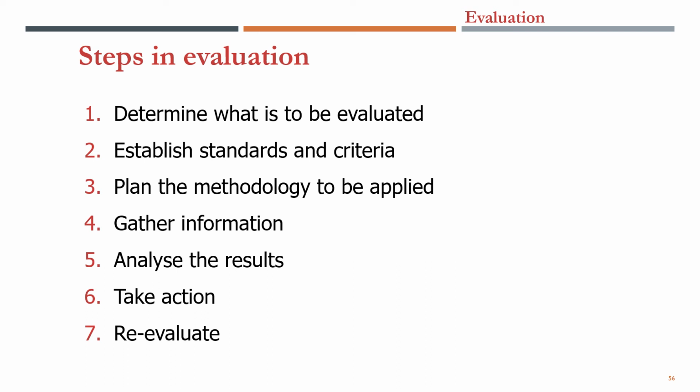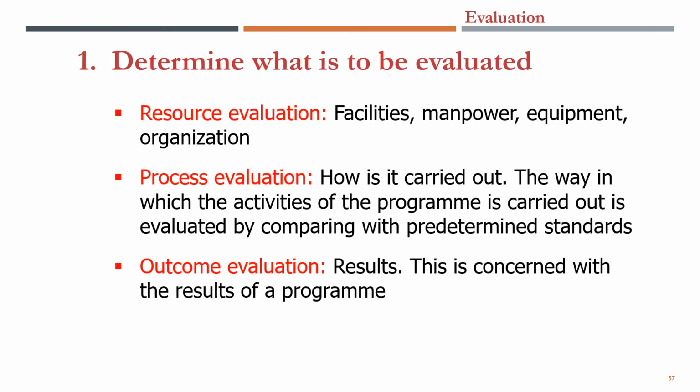Number four, gather information. Five, analyze the results. Six, take action. And lastly, if there is a need, re-evaluate. So we look at step number one: determine what is to be evaluated. Resources, process, and outcome evaluation.